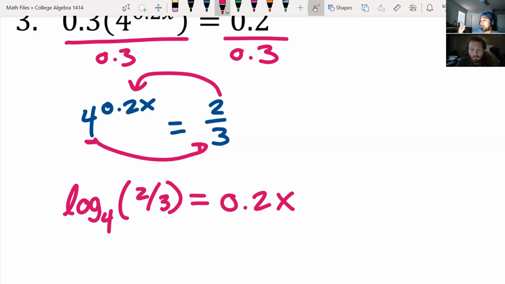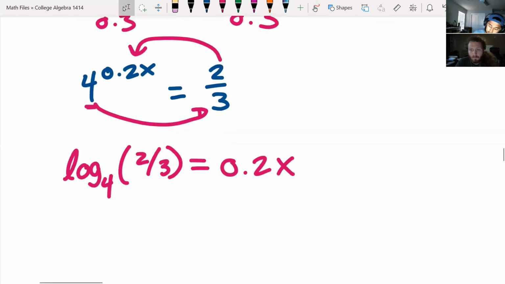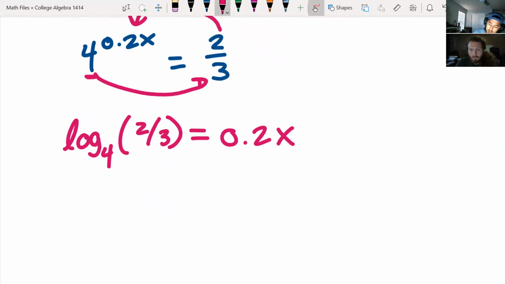There we go. And now we must solve for x. Okay. Let's go ahead, since we're going to be dividing by 0.2.